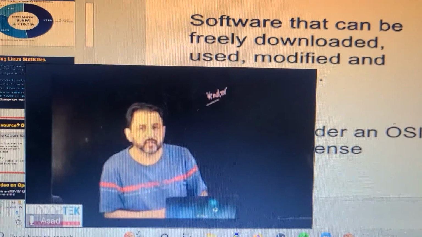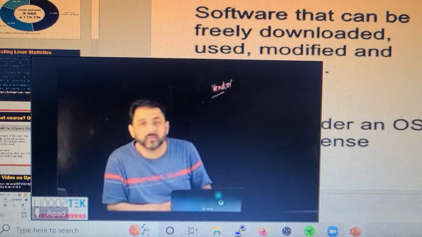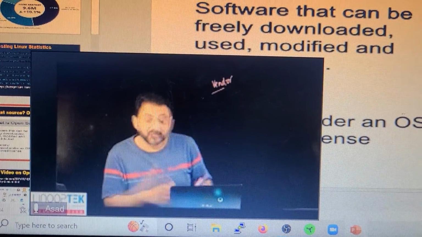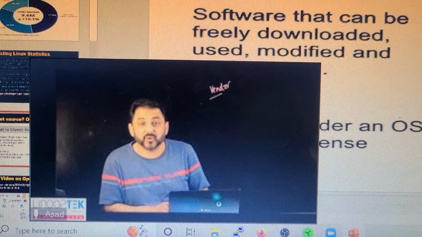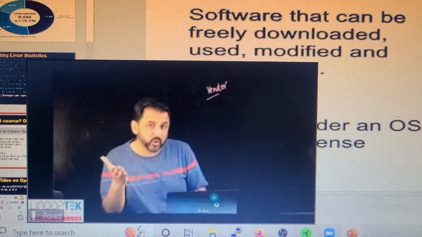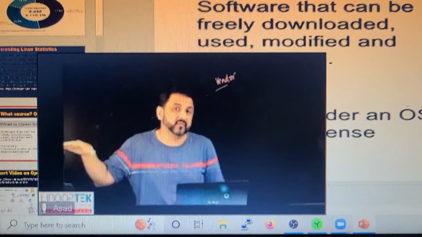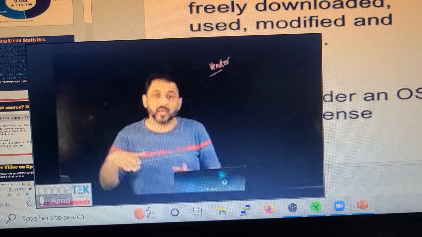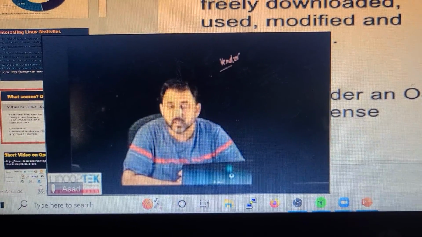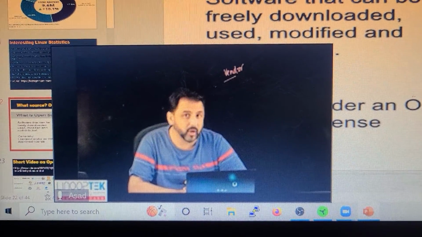If that company sinks or doesn't exist anymore, your systems are in trouble, because the Unix code is with the company itself. If they're not there to support you, if they do not have the talent that created that operating system, you're going to have a problem. You're not going to have support for your operating system.